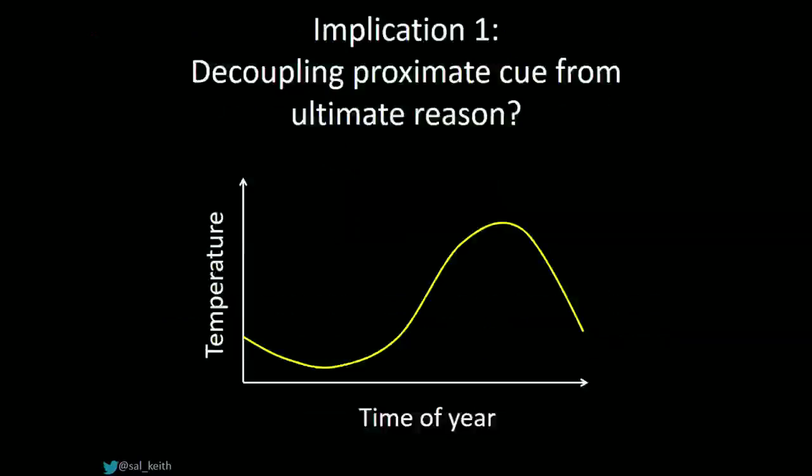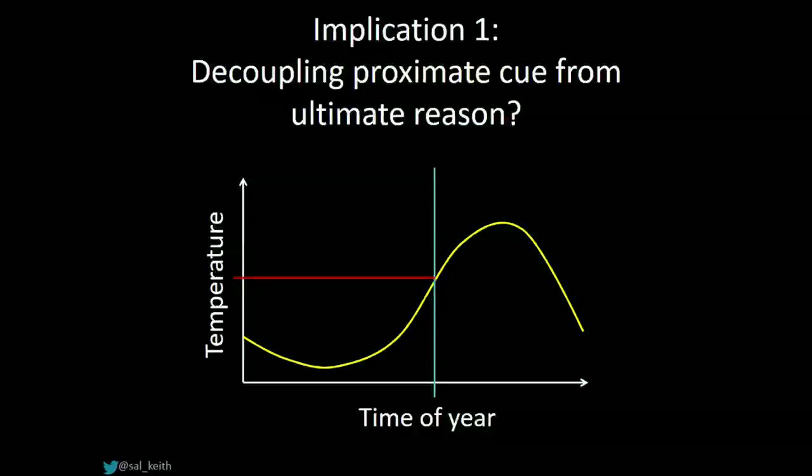And there are a couple of implications of this. The first one being that if that really is a cue, and the ultimate reason is to capture these Goldilocks conditions for survival of larvae afterwards, then what's going to happen under climate change? Are we going to get it decoupled, right?